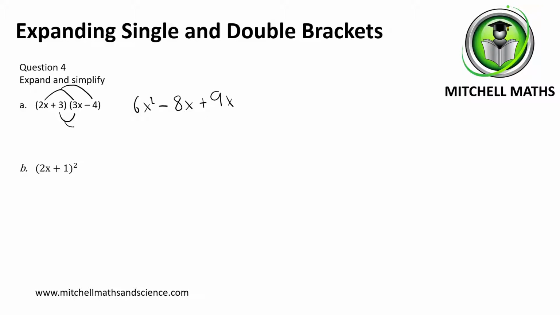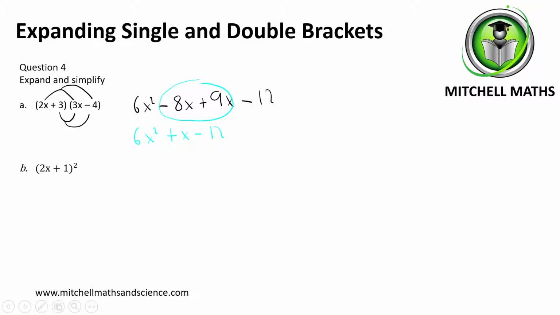And we've got 3 times minus 4. Well, a positive times a negative is going to be a negative, and 3 times 4 is 12. Again, we can simplify the middle two terms. So we get 6x squared, minus 8x plus 9x is plus x, and minus 12.